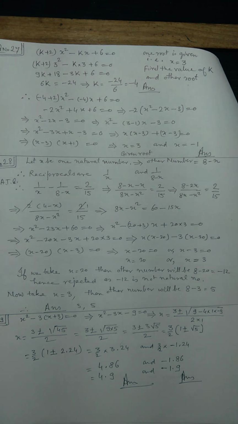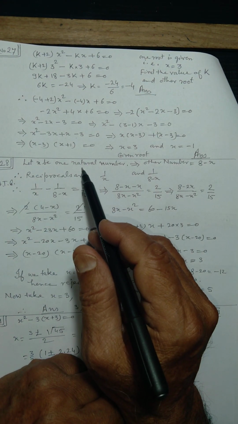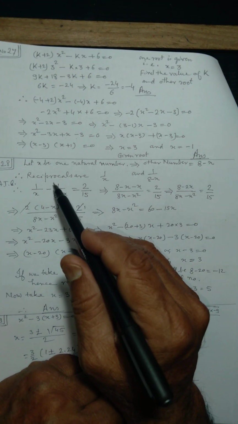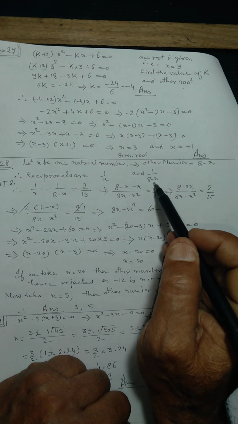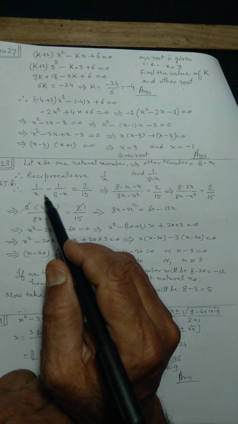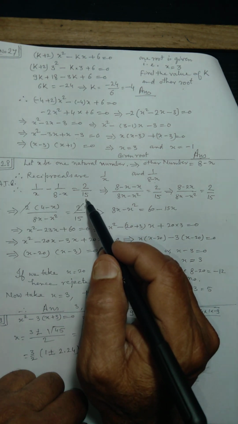Let x be the natural number. So the other number will be 8 minus x. The reciprocals are 1 upon x and 1 upon 8 minus x. According to the question, 1 upon x minus 1 upon 8 minus x is equal to 2 by 15.